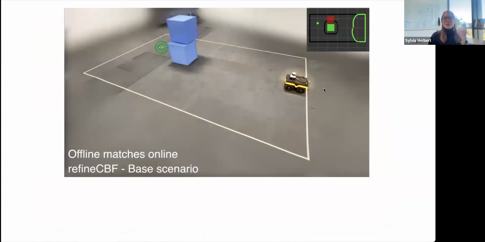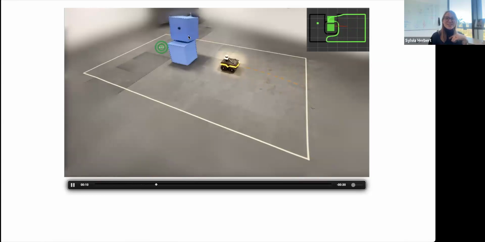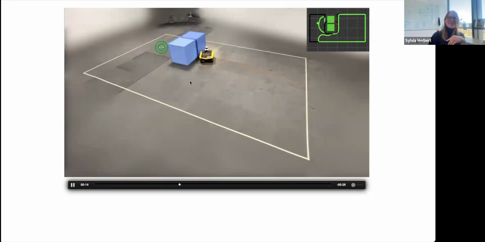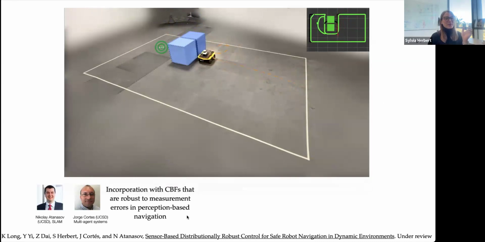Then I have some undergrads who are working on doing this on a Jackal. So we have this obstacle here. You see the safe set expanding, and then they throw a rock at the obstacle to create an avalanche here. It has to update its safe set and move around. The reason I'm having them practice this on a ground robot is because we want to merge this with some other work we're doing with Nikolai Atanasov and Jorge Cortez, dealing now with robustness to measurement errors.